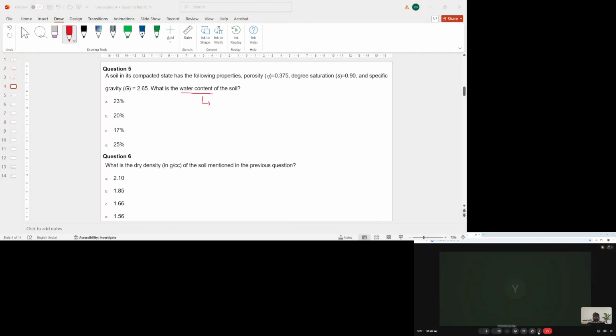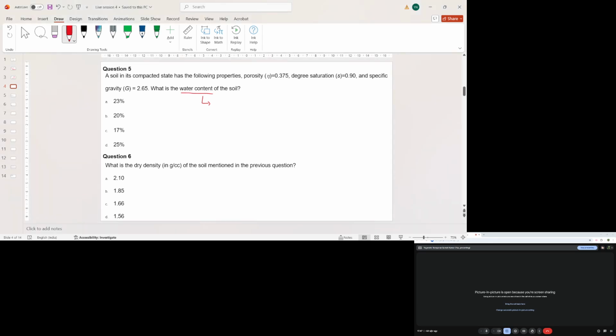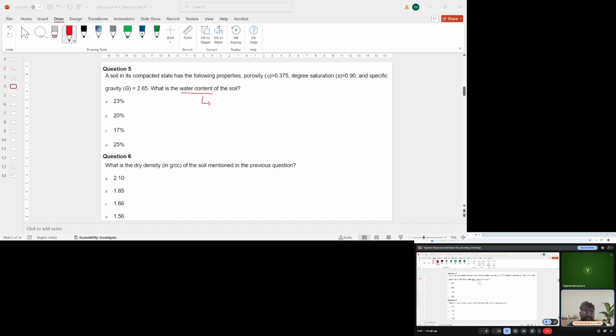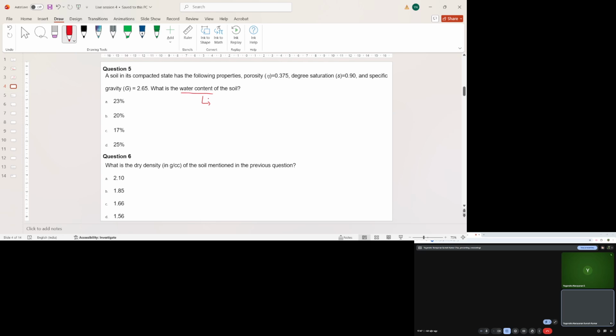Sorry for the inconvenience. The internet connection is really poor here. So coming back to this, when the term water content is mentioned, it usually refers to gravimetric water content.